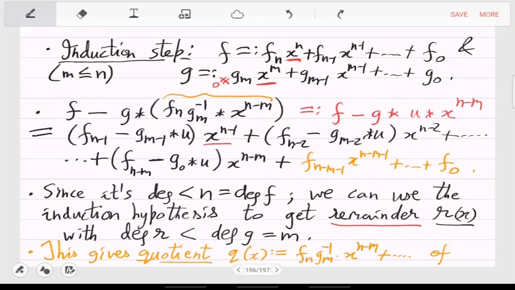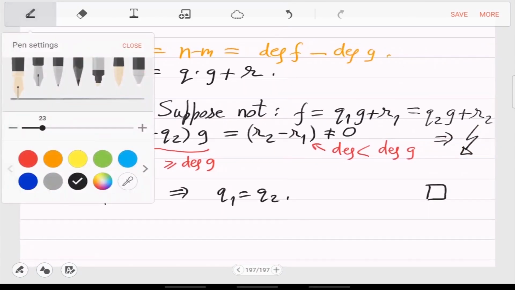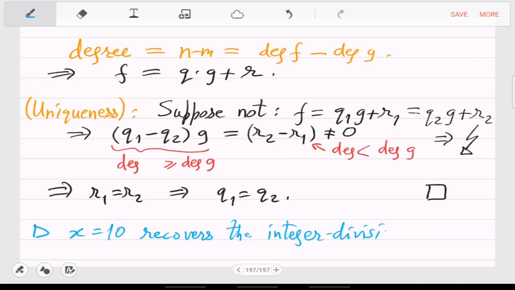What is x in that case? Yeah, so for numbers, x is 10. So x equal to 10 recovers the integer division algorithm. Right, so this is the reason why these polynomials are the new integers.